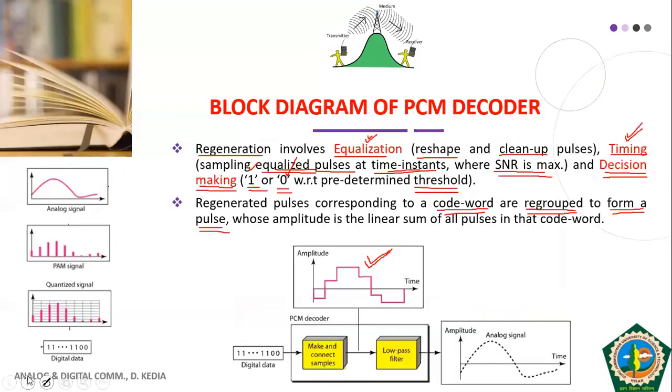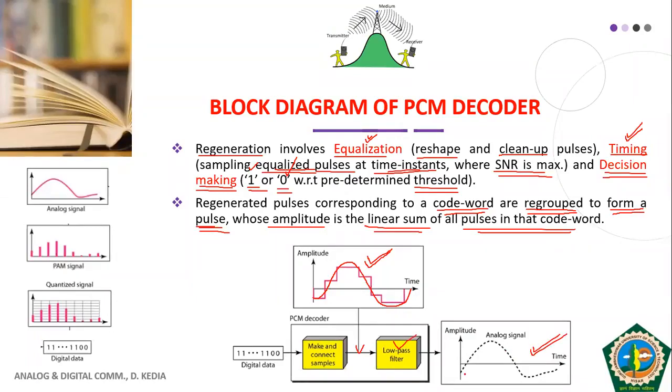So this is what I'm doing here: I'm regrouping my coded pulses to form a single pulse whose amplitude is equal to the linear sum of all the pulses in that code word. If I do that, I get such a kind of signal. This is what I get when I connect samples. Now you can see that my signal is present as the envelope of this quantized signal. If I pass it through a low pass filter, I'm able to get my analog signal back.